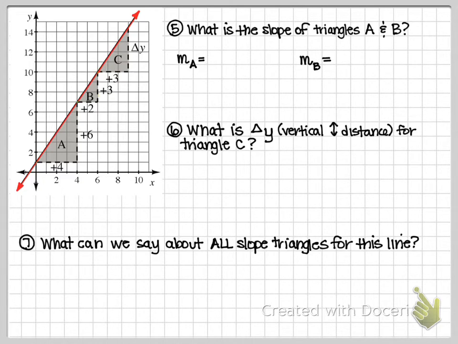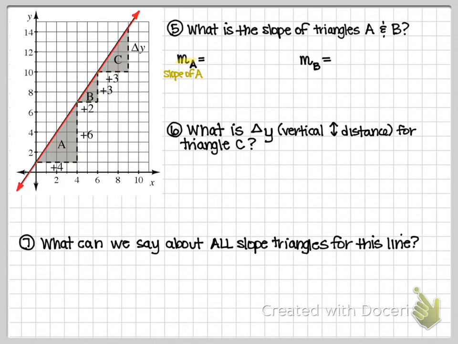I want you to see my notation here, folks. I used M to represent slope, and I used a subscript with a capital A. What that's telling me is that I'm trying to find the slope of A. So that's the triangle I'm looking at specifically.